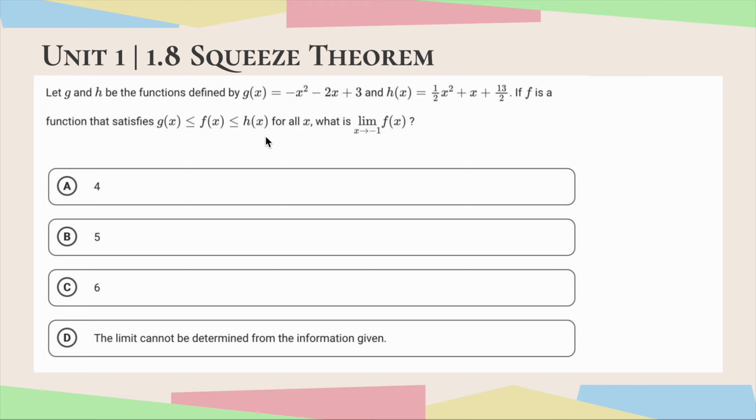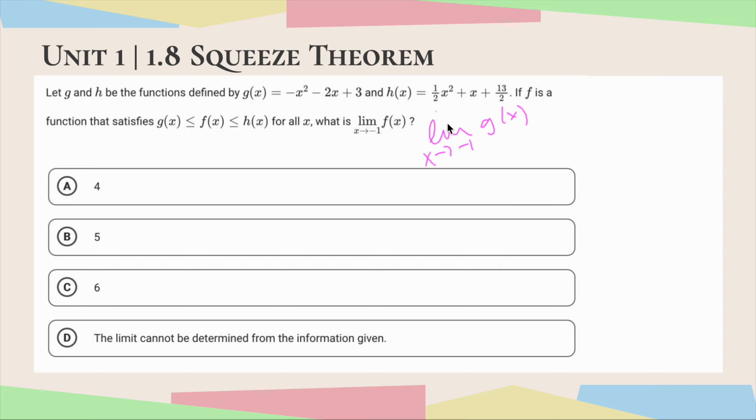Okay, so now in order to actually use the squeeze theorem, what we have to do is take the limit as x approaches -1 of g, and then take the limit as x approaches -1 of h. So let's go ahead and do that using direct substitution. Apologies, I'm going to be a little sloppy with my notation just because I don't have unlimited space.